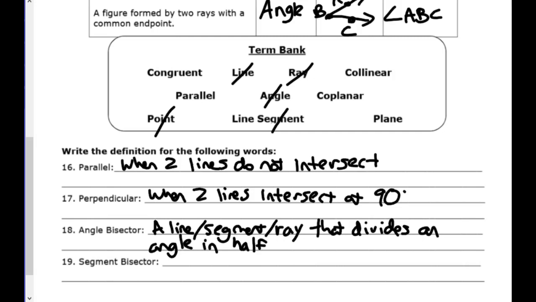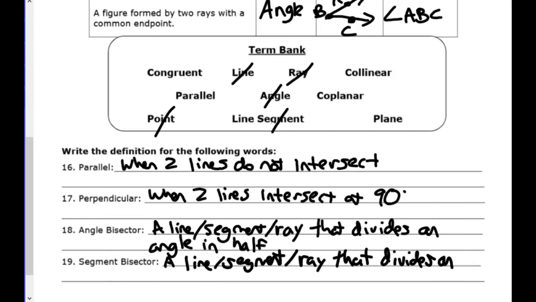Segment bisector is a line, segment, or ray that divides a segment in half. And remember, half means two equal parts.